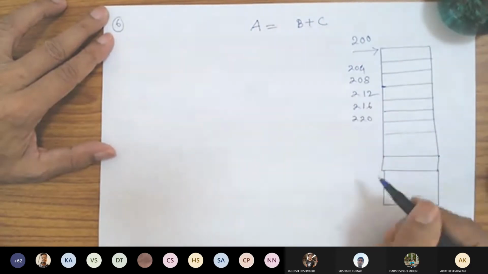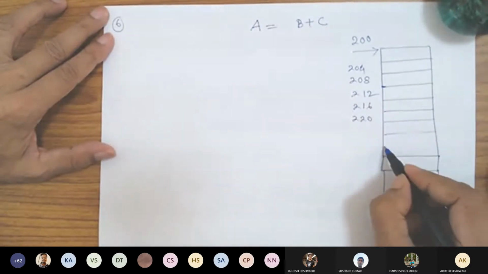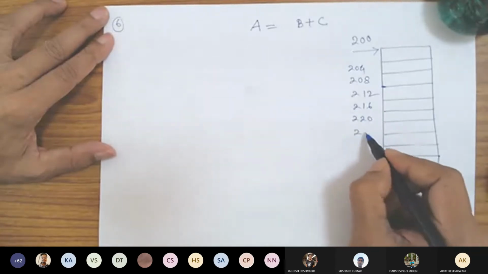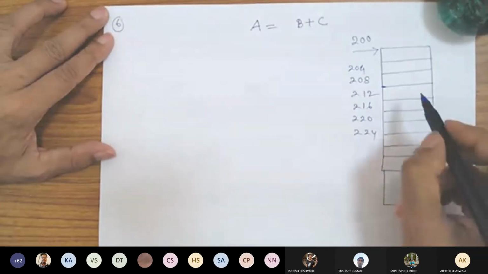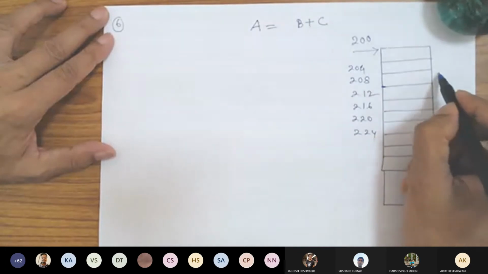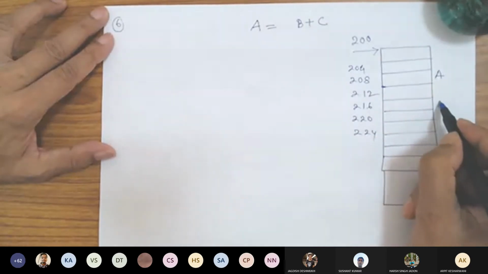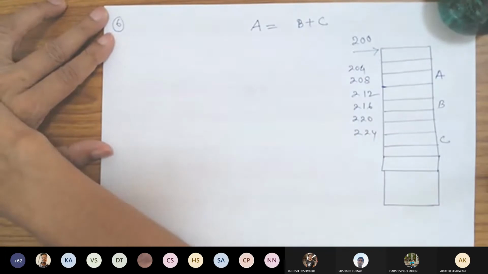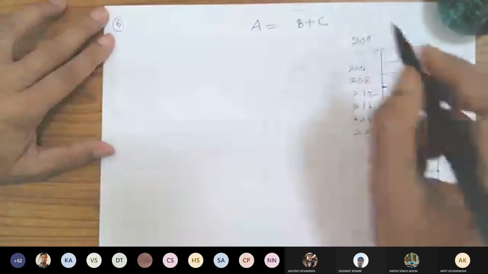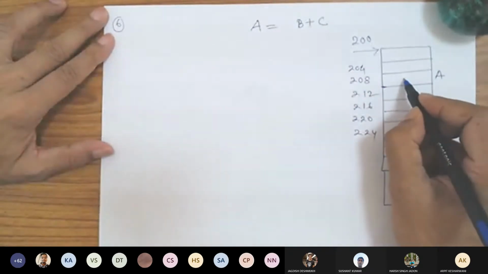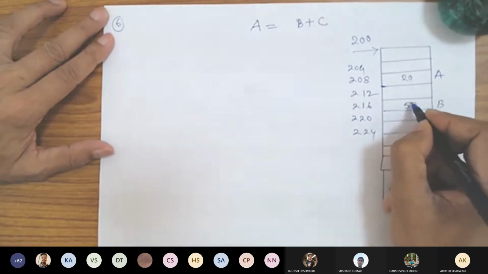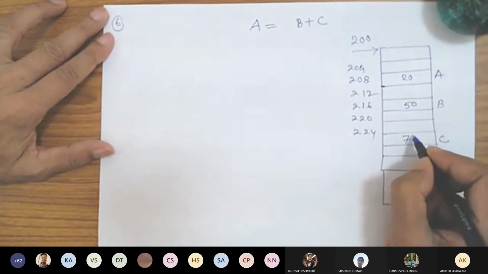I'm writing all in decimal numbers. This is 224, something like that. Assume that our A is here, B is here, and C is here. Some values are there. Let's say 20 is here initially, initially 50, here it is 70.